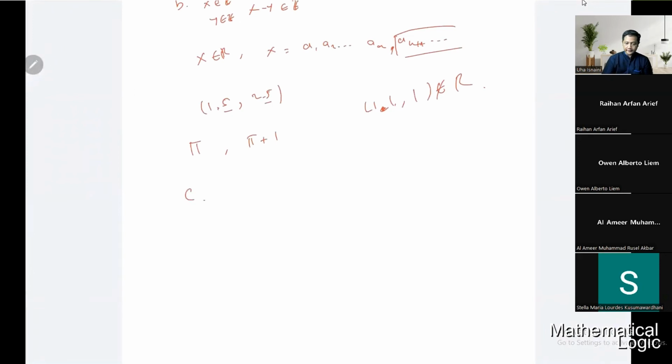Every time the parts after the point are the same, they are related. But if here this one is 0.1 and this one is 0.0, they are different, so they are not included. So that's it.